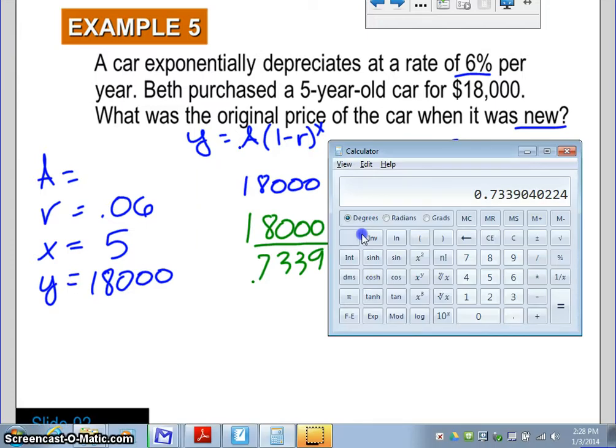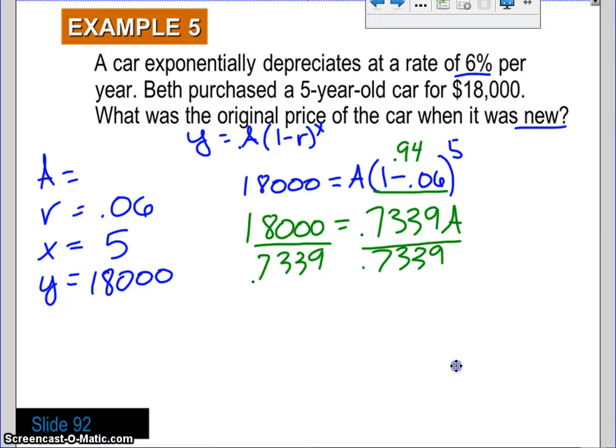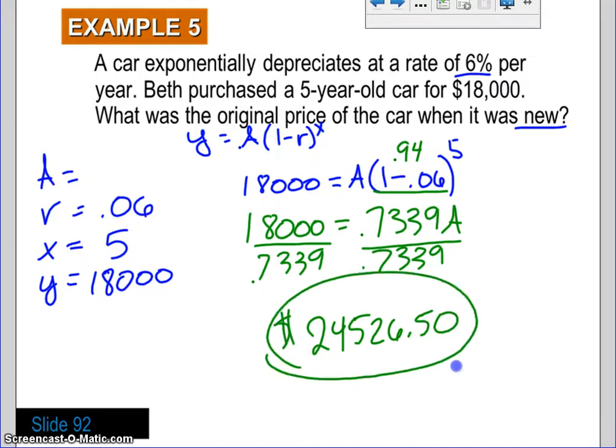Going back to our calculator, we get 18,000 divided by 0.7339, and we get a car value of $24,526.50. So this was the new car value. If they had purchased it brand new, that's how much they would pay for it.